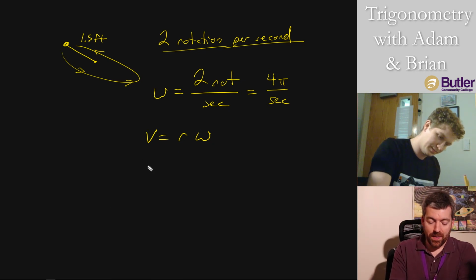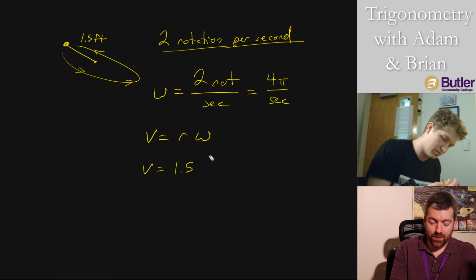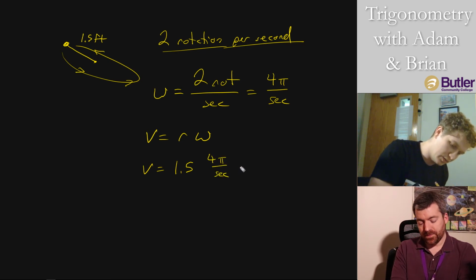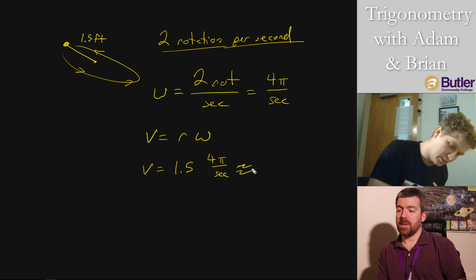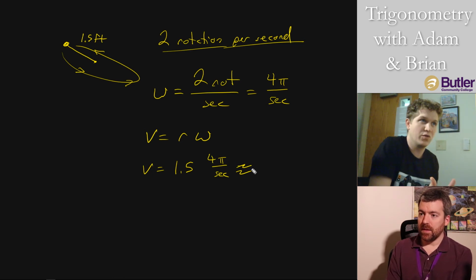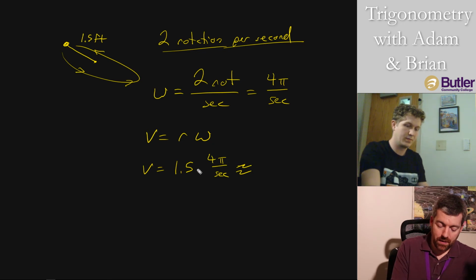So the linear speed would be the radius, 1.5 feet, and omega is 4 pi per second. So velocity equals 1.5 feet times 4 pi. Basically just 4 pi, because it's over 1 second.